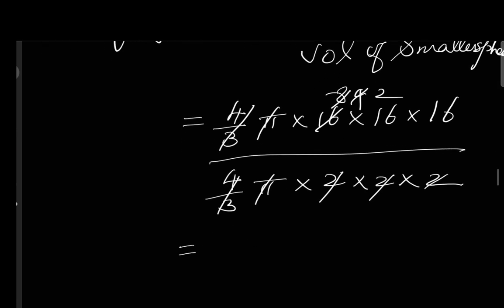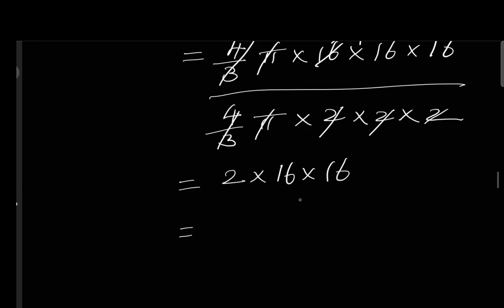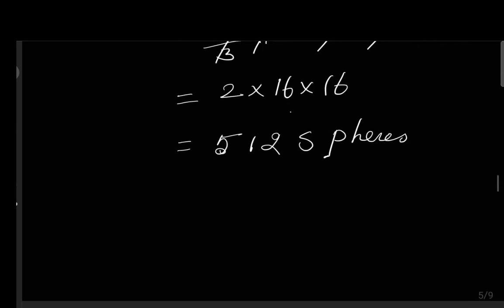So 2 into 16 into 16. So 16 into 16 is 256, into 2, 512 spheres. This is the answer.